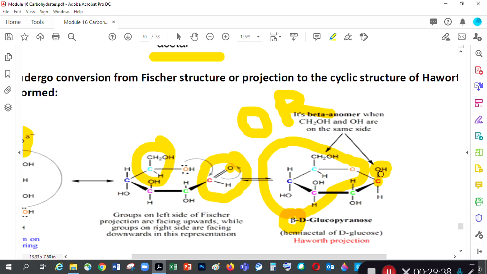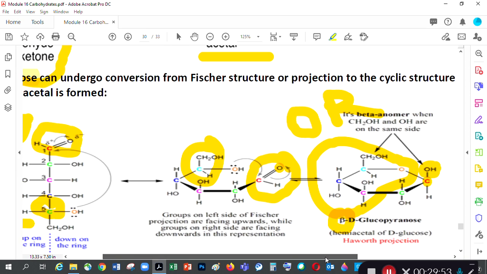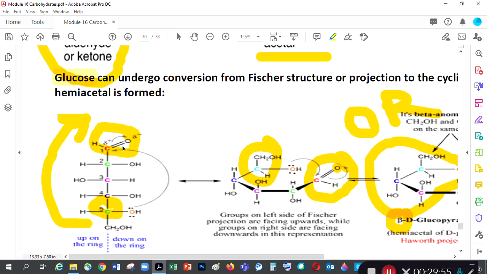This carbon is connected to OH, and the whole molecule is OR and the H. So therefore, this is a hemiacetal, correct? Acetal. Why? Because it started with the aldehyde group. If you started with the keto group, then it will be a hemiketal.